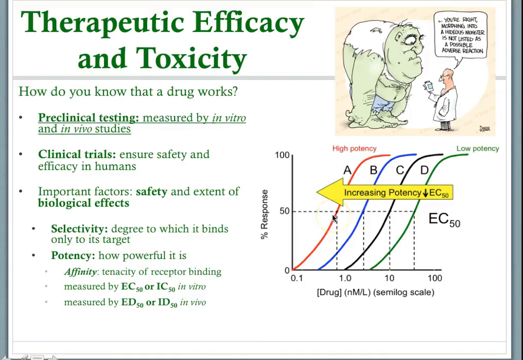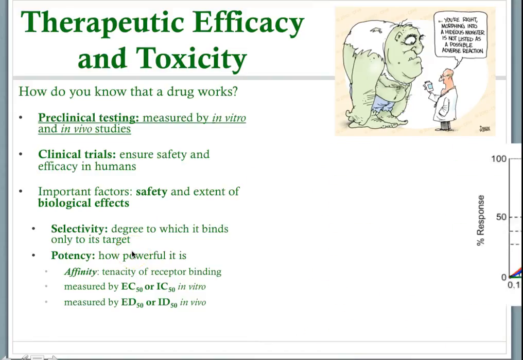So this is to say that A is much more potent than D. It has higher potency because we need less of it to achieve the same effect. The reason why we need less of it is because it has much higher affinity for the receptor. So it has a better binding profile. It's going to bind to the receptor much more, or maybe for much longer. So it has a higher affinity and it has a higher potency. All right, does that make sense?